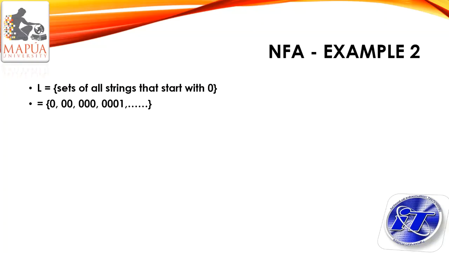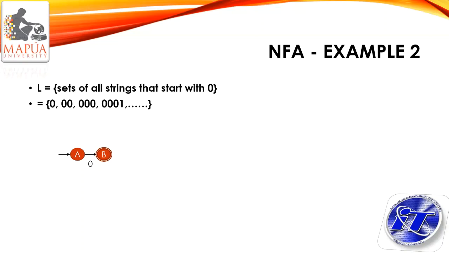So going back to our problem, it should start with 0. Let's start with the initial state. When we encounter the first 0, what will happen? It will go to the final state directly, which is state B. 0 is accepted, and after 0, still, it will be accepted.